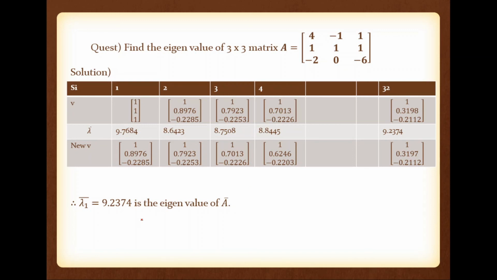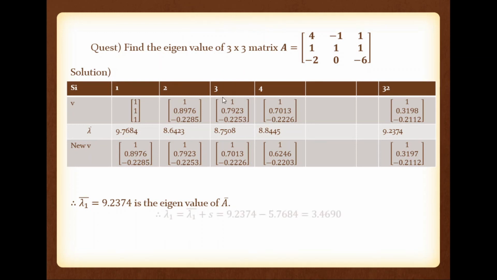Lambda 1 bar is lambda 1 minus S, right? What we have: (A minus S I) V is equal to (lambda minus S) V. So this A minus S I is taken as A bar and lambda minus S is taken as lambda bar. So lambda 1 bar is lambda 1 minus S.